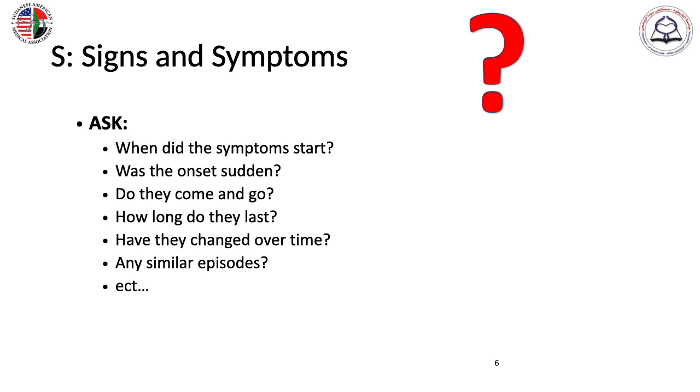Do these symptoms come and go, and when they come, how long do they last? Did the pattern of the symptom change over time? Is it getting heavier or lighter? Is there any relieving intervention, medication or treatment? And is there any episode of similar problems, like some patients with asthma who have been intubated? This can tell you that this is a high risk patient and you need to take him seriously.